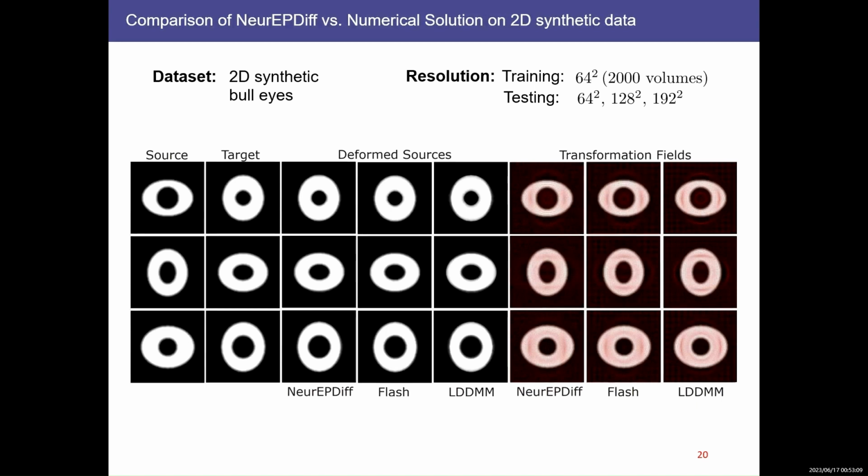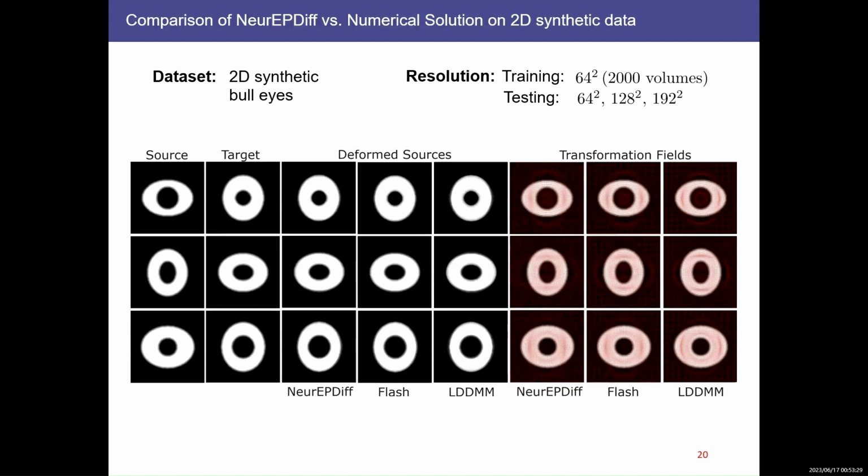Firstly, let's take a look at the registration performance on 2D synthetic bull's eyes. We train 2D NeurEPDiff with 2,000 volumes of training data with a size of 64 squared. Then we test the model on different levels of higher resolutions.